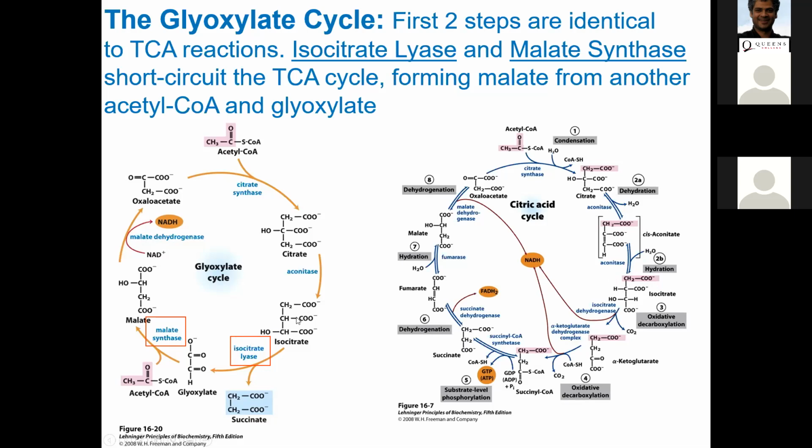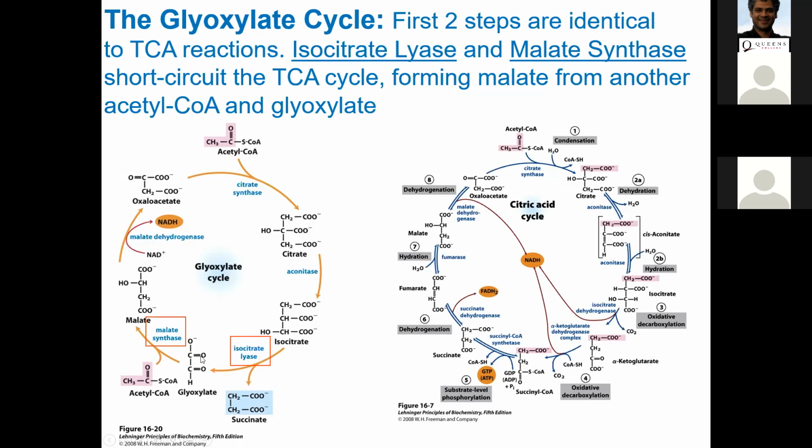You can see here isocitrate is cleaved. Isocitrate is a 6 carbon molecule, and those 6 carbons are cleaved, that's why lyase, into 2 molecules: one 4 carbon symmetrical molecule, succinate, and the other a 2 carbon molecule called glyoxylate.